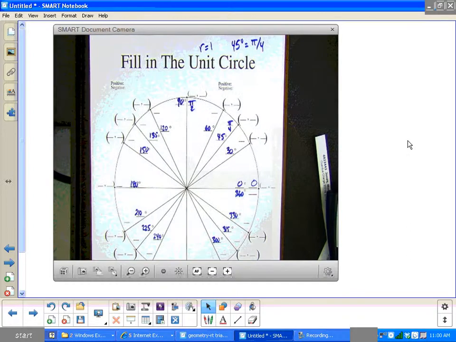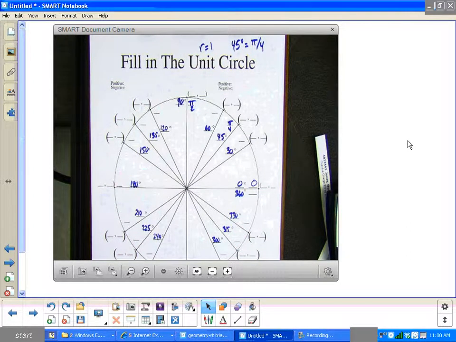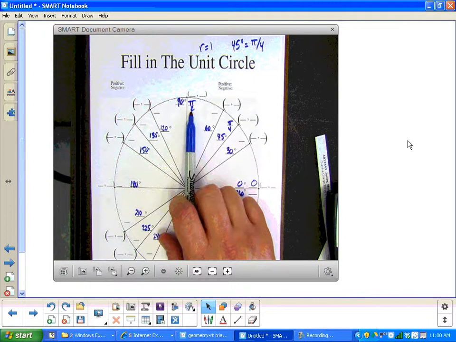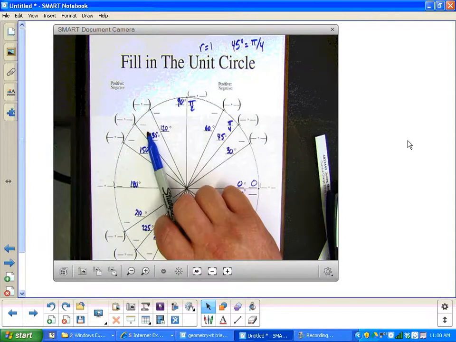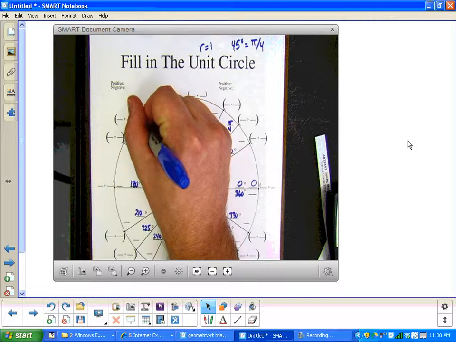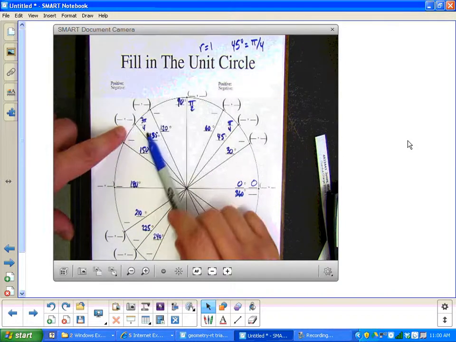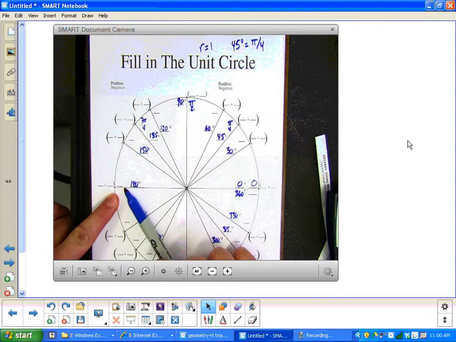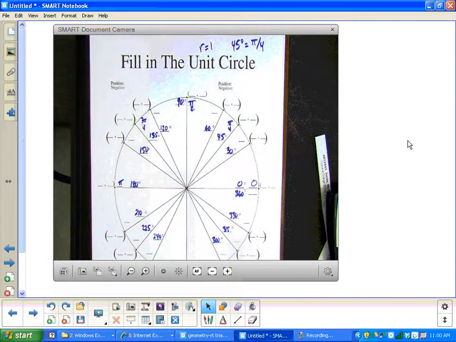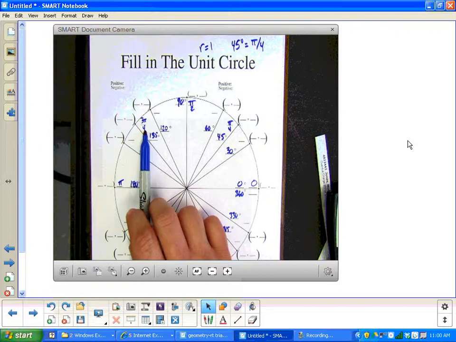All right, so every 45 degrees is a pi over 4. So pi over 4, 2 pi over 4. Another 45 degrees would put us here, wouldn't it? So it'd be 3 pi over 4. And then another 45 degrees would be 4 pi over 4, which is just pi. Because we're counting by pi over 4s.